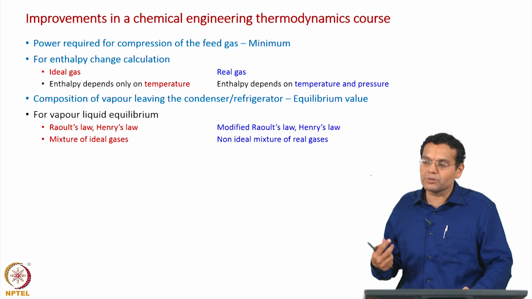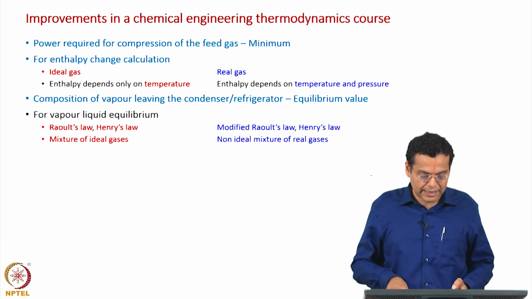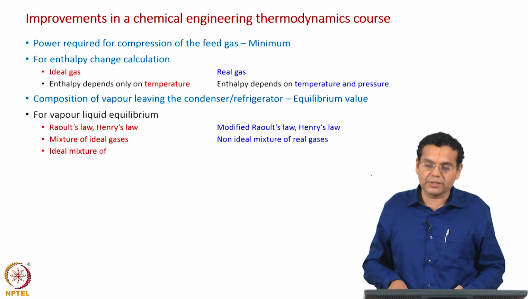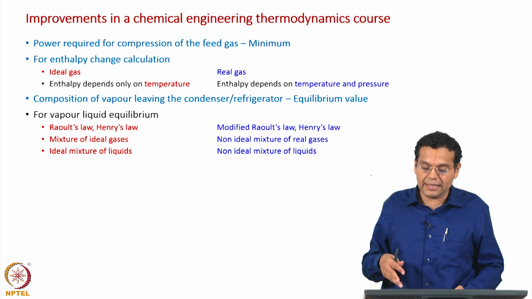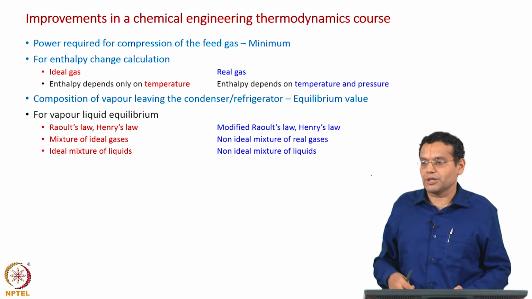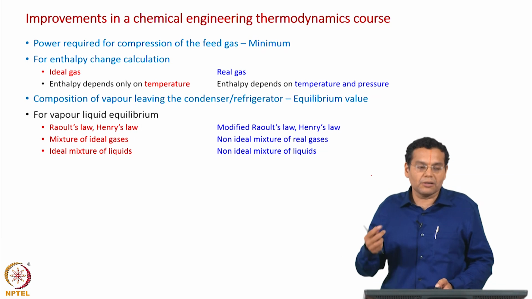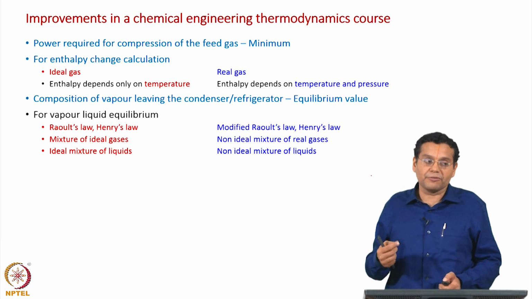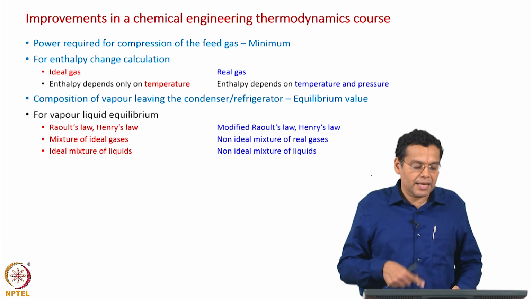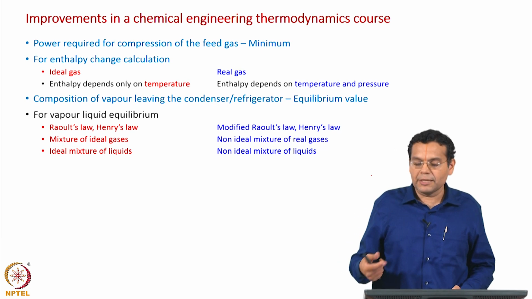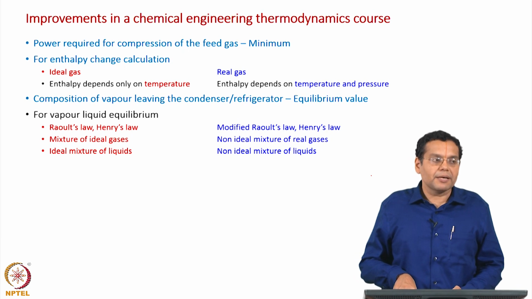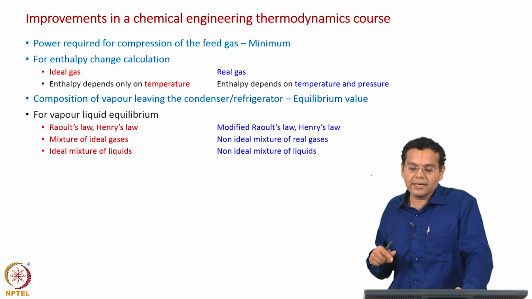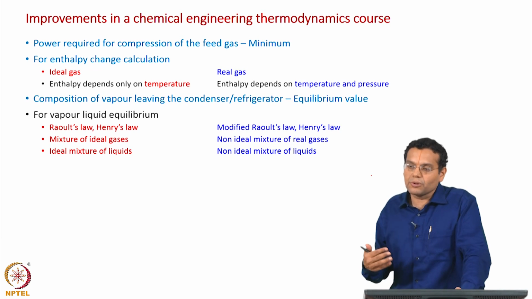So, we take into account the non-ideality in the gas phase. Also, for the liquid phase we assumed an ideal mixture of liquids, but now we will take it as a non-ideal mixture of liquids. So, we take into account the non-ideality both in the vapor phase and the liquid phase and make a better prediction of the equilibrium value. When I say better prediction, as we have seen in the beginning slide, better prediction means closer to reality.